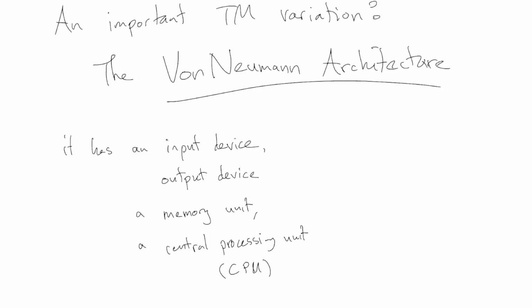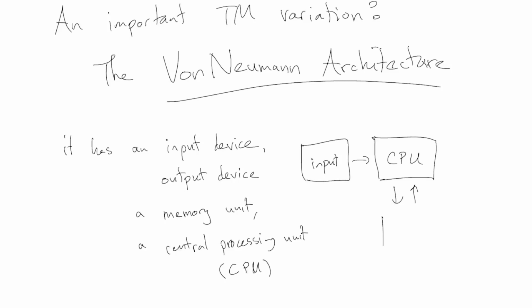All right? These things in the von Neumann architecture are schematically organized in this way. You have the input device, which pushes strings or other kinds of data into the CPU. The CPU, as it's doing its thing, is allowed to read and write from the memory unit, which acts like the tape of a Turing machine.